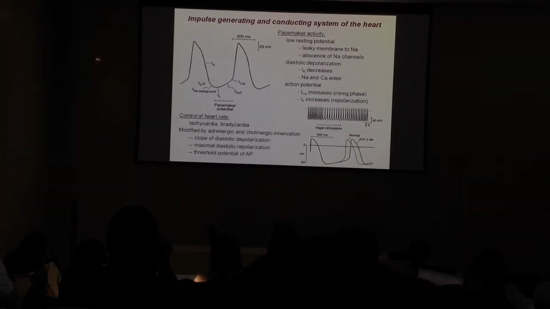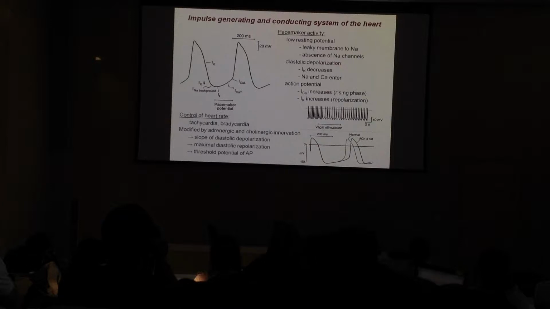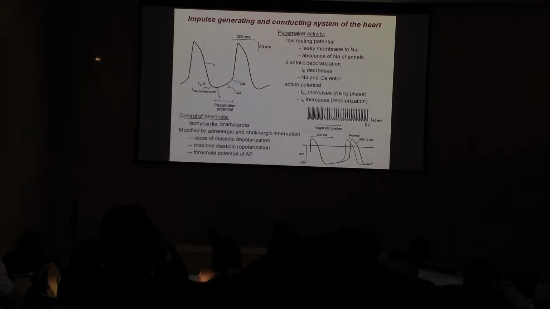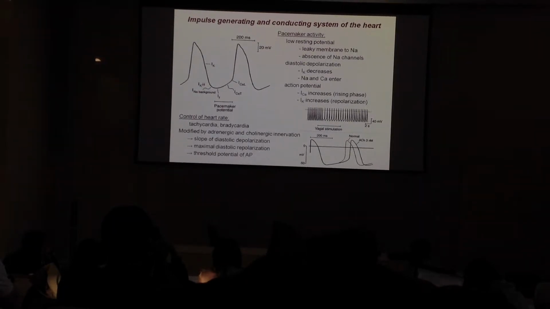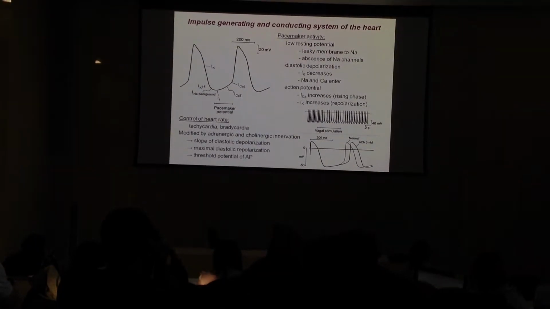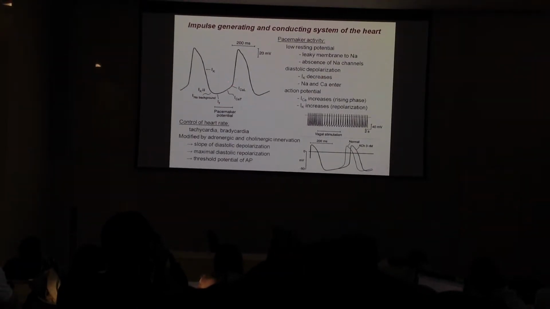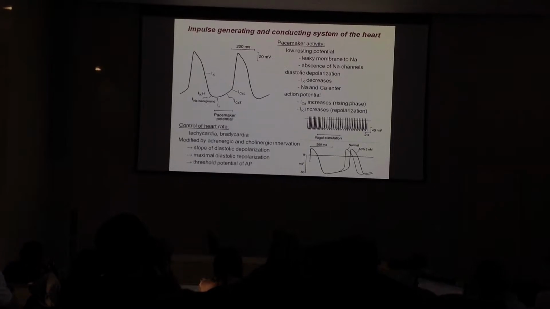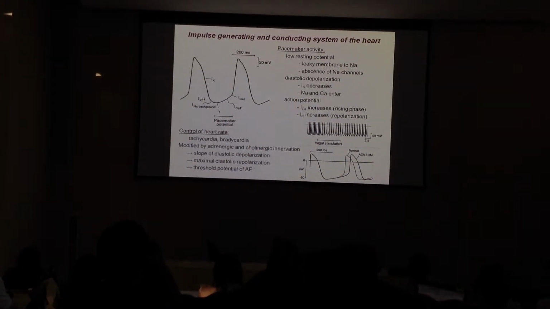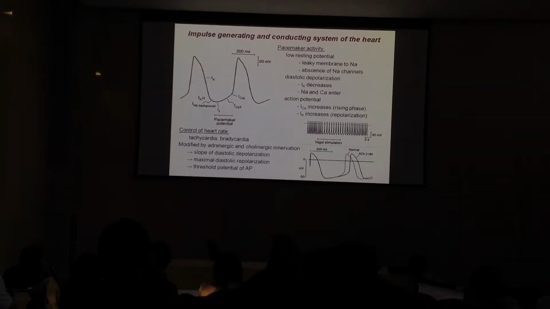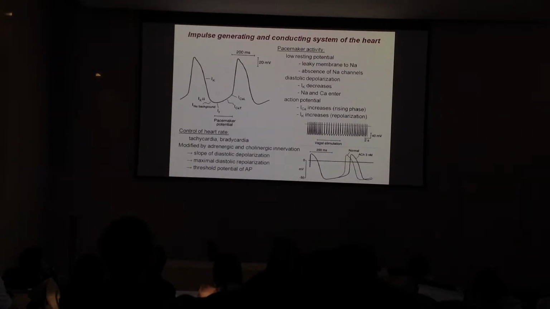This slow depolarization is called diastolic depolarization, because in time it coincides with the diastole of the muscle membrane. Okay, and after that a faster action potential appears, and this is the pacemaker action potential.